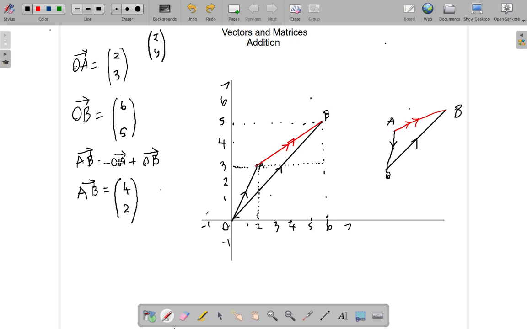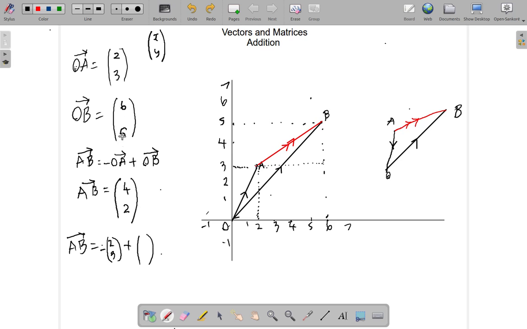Now, let's see if there's any connection between this and this. Let's rewrite AB. It's negative OA. OA was 2, 3. So it's negative 2, 3 plus OB.